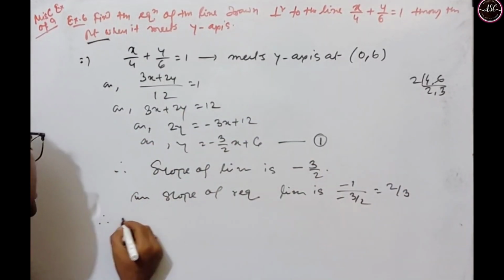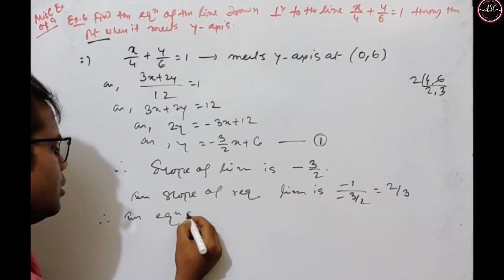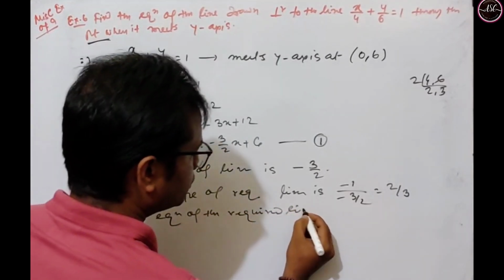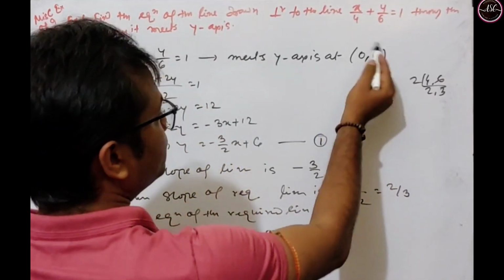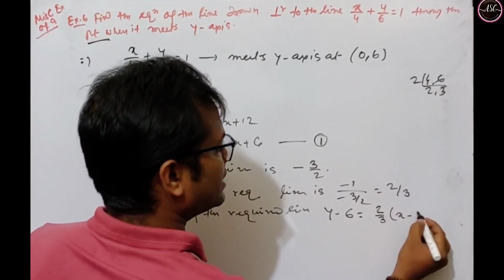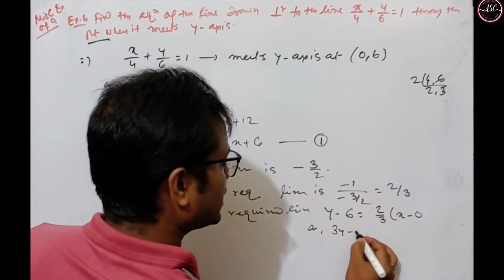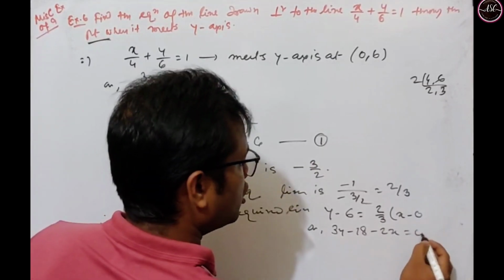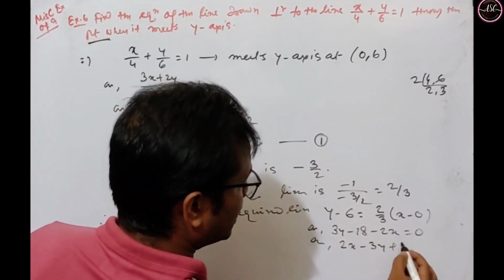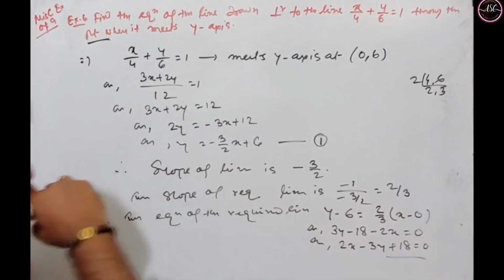So the equation of the required line: y minus y1, here y1 equal to 6, equal to 2 by 3 into x minus 0, or 3y minus 18 minus 2x equal to 0, or 2x minus 3y plus 18 equal to 0. That will be your answer.